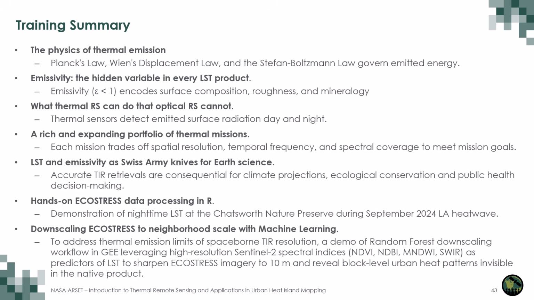Real surfaces are not perfect black bodies. Emissivity being less than 1 encodes the composition, the roughness, as well as the mineralogy of these surfaces. And a 1.5% emissivity error propagates to about 1 Kelvin of LST error.